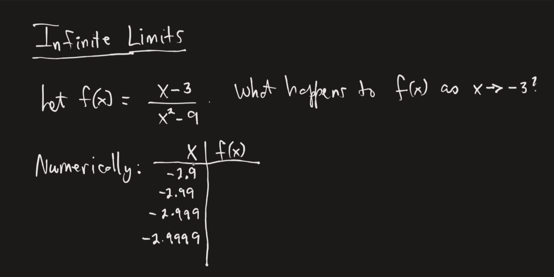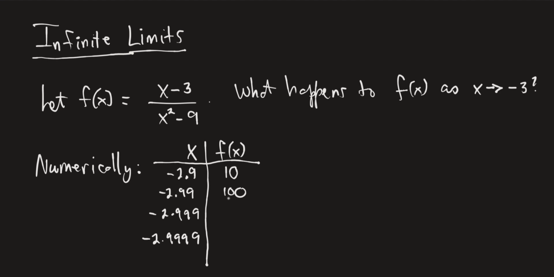Again, if you wanted to, you could pause the video, use this function, evaluate it, and see if you get the values that I'm about to write down. It turns out if you plug negative 2.9 into this function, you get a value of 10, believe it or not. If you plug in negative 2.99, you get a value of 100.